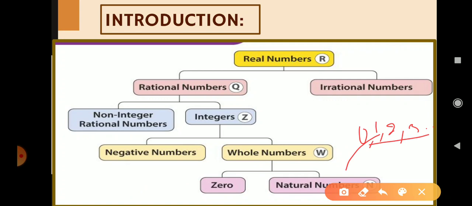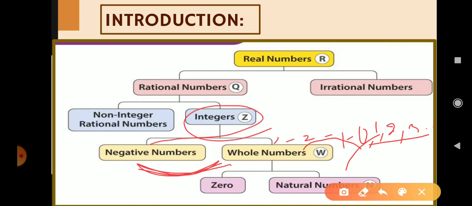If I add 0 to these natural numbers, then it becomes whole numbers, represented by W. For whole numbers, if we add negative numbers, for example -1, -2, -3, -4, -5, that is, less than 0, then whole numbers along with negative numbers together we call integers, and integers are represented by Z.